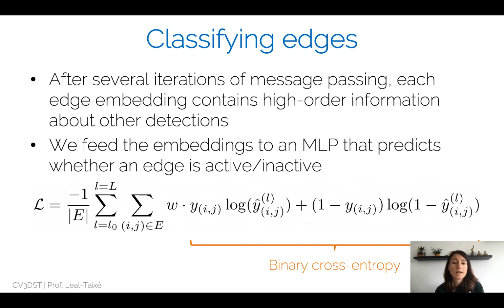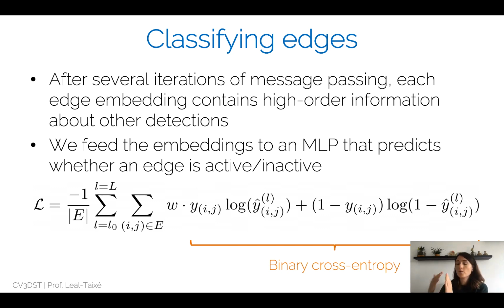And for this, we can easily train with a binary cross-entropy function, like we have seen for most of our classification problems. But now what we're classifying are edges. So we're looking at these updated edge embeddings after all of these message passing steps. And from here, we want to obtain a decision.